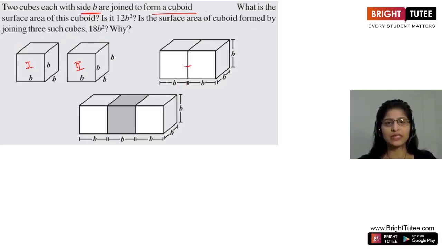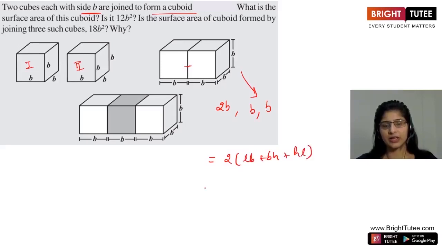So for 2 cubes, if we see, one side that is becoming is 2B, another dimension is B, and one more dimension is B. For this one I have written, right? What will be the total surface area of this cuboid? The total surface area will be 2 into (LB plus BH plus HL). So 2 into, what is the length? 2B, into breadth B, plus breadth B, height is also B, plus height is B and the length is 2B.